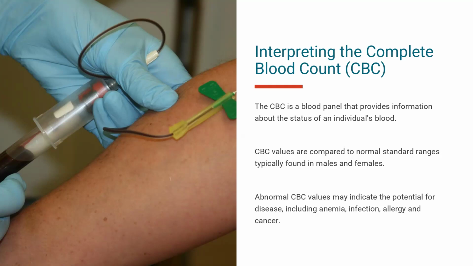There are normal values for males and females, and we should look at the chart so we can understand if this patient is deficient in one of the blood components, or there is a high percentage of that component, and each one of them will signal that the patient might have a problem or blood disorder. Abnormal CBC values may indicate the potential for disease, including anemia, infection, allergy, and cancer.